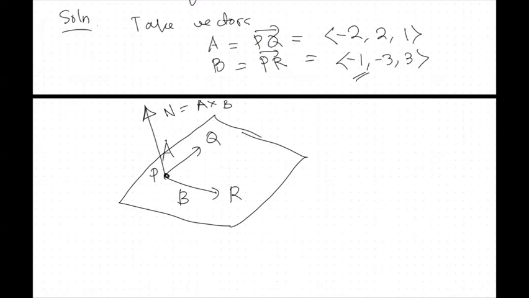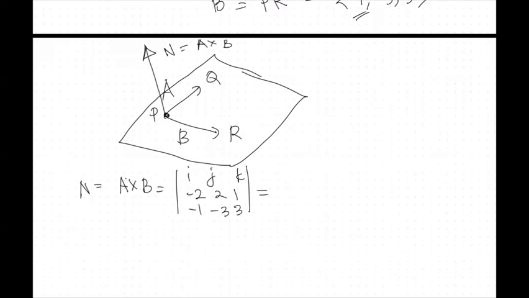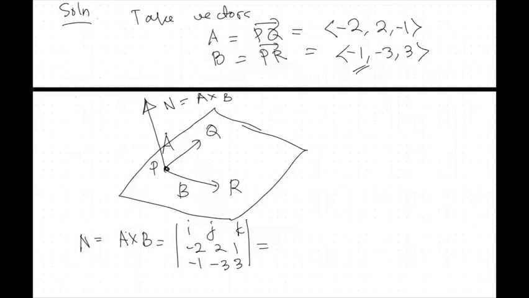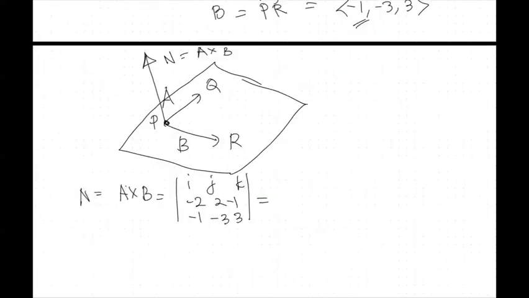Now our task is to find the normal vector. So N is just your cross product of A and B. So I, J, K. So you just put the components, negative 2, 2, 1, negative 1, negative 3, and 3. For the first component, we have 3i.